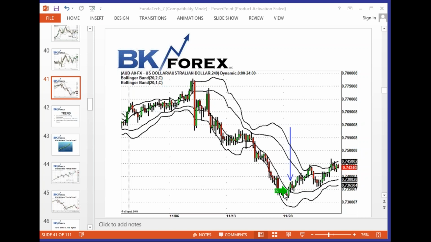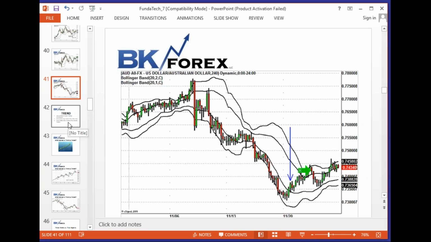At that time, we check to make sure the other candles are below the Bollinger Band by at least 10 pips, and it is. So we go long, and you can see that it moves quite a bit in our favor, so we most definitely hit the profit target. So that's how we look to pick tops and bottoms using the double Bollinger Bands on a short-term as well as long-term reversal basis.